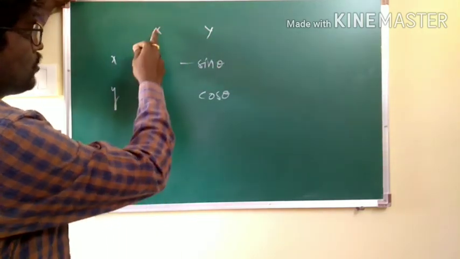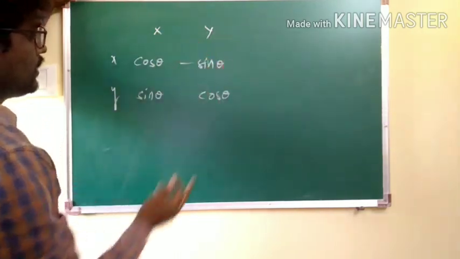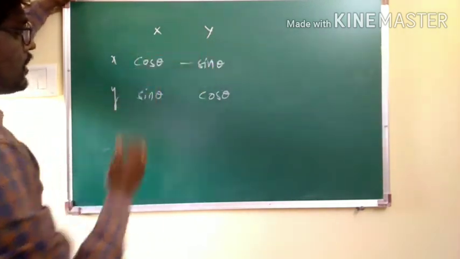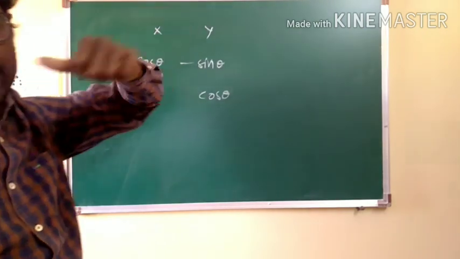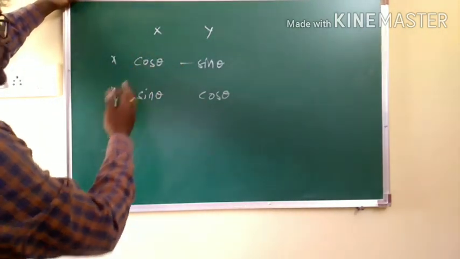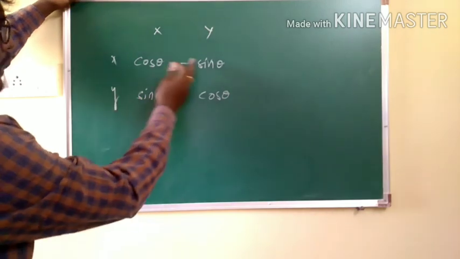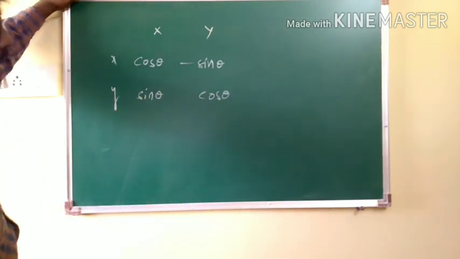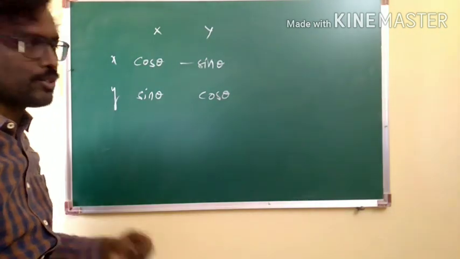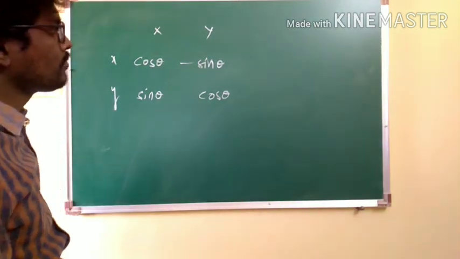So x is equal to X cos theta minus Y sin theta, and y is equal to X sin theta plus Y cos theta. If you want to take capital X and capital Y, X is x cos theta plus y sin theta, and Y is minus x sin theta plus y cos theta. This is how we will be taking the results according to our requirement.